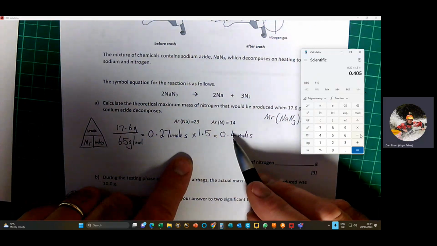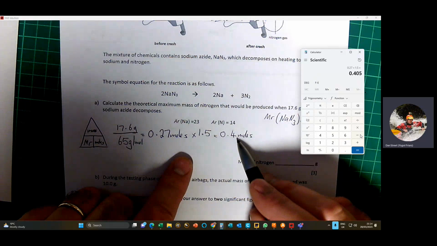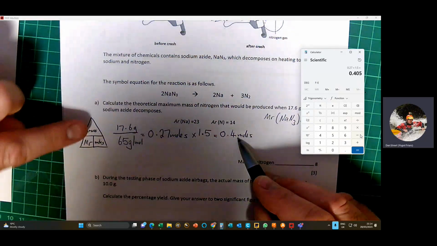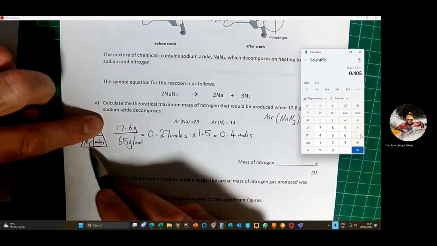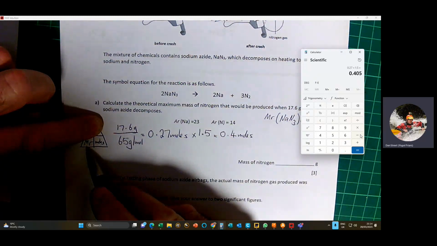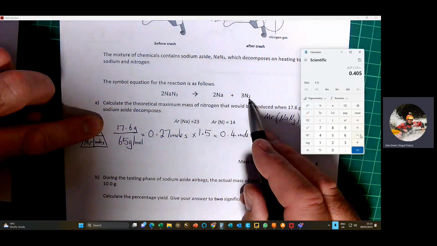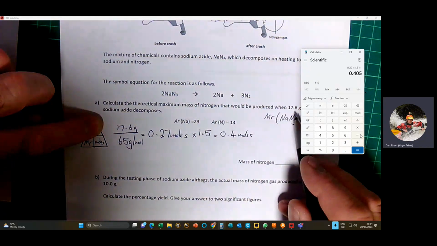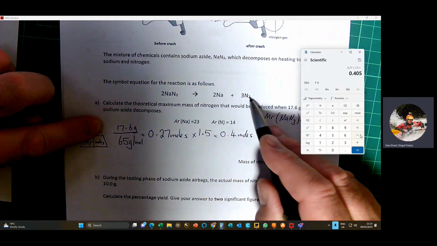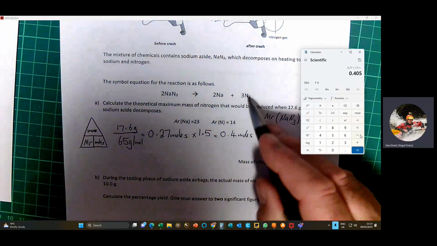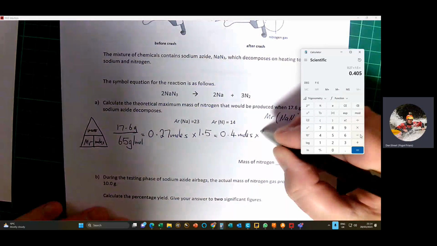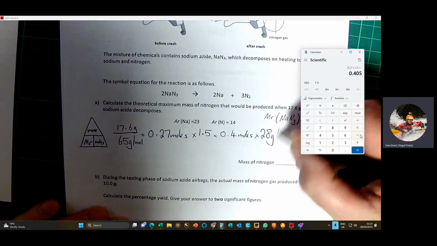And then we need to multiply that by the MR of nitrogen to get the mass, because the other end we need mass is MR times moles. So we know the moles, that's the moles. The MR we can gain from the question. And so the MR is 2 times 14, because nitrogen is 14 and there's 2 of them. We're only interested in the MR of the formula, not of the whole thing. Okay, so 2 times 14 is 28. So 28 grams per mole.